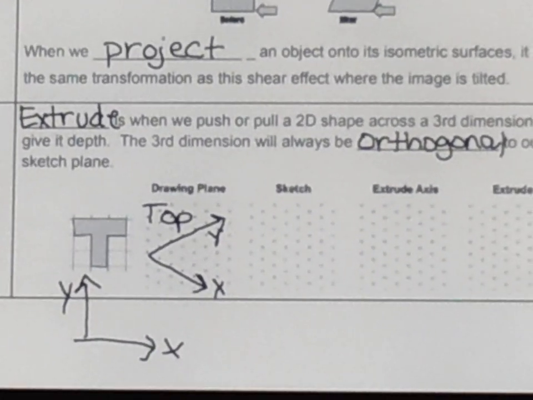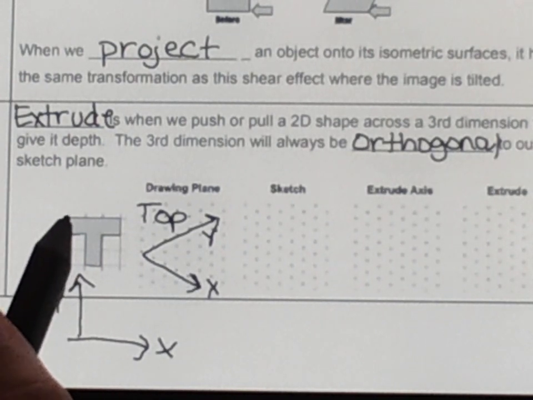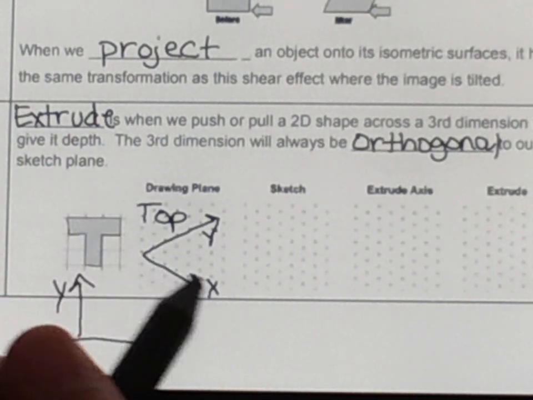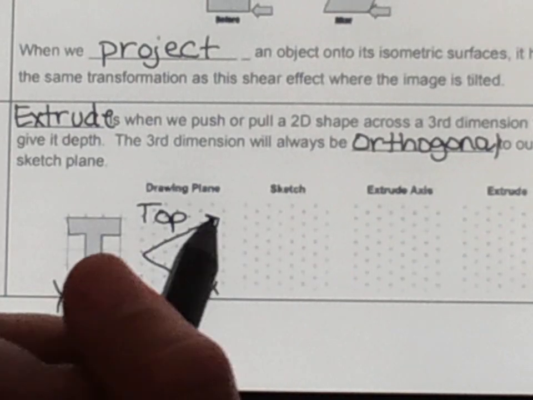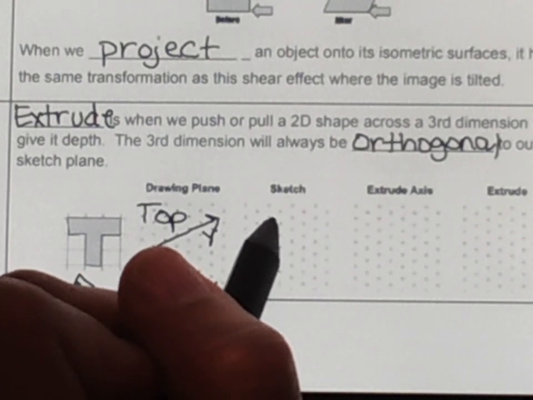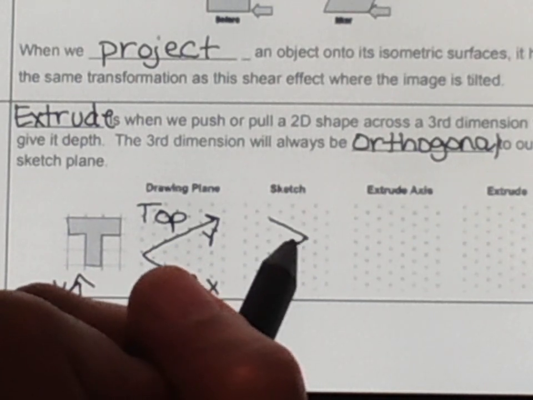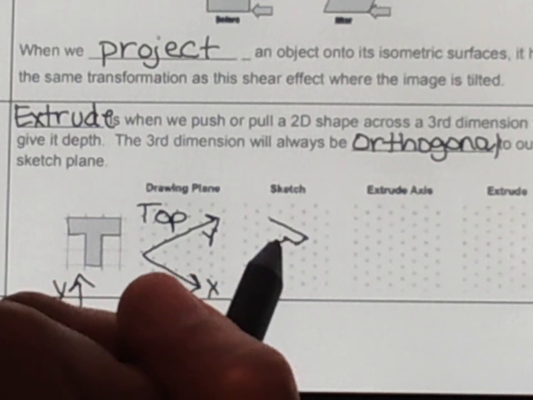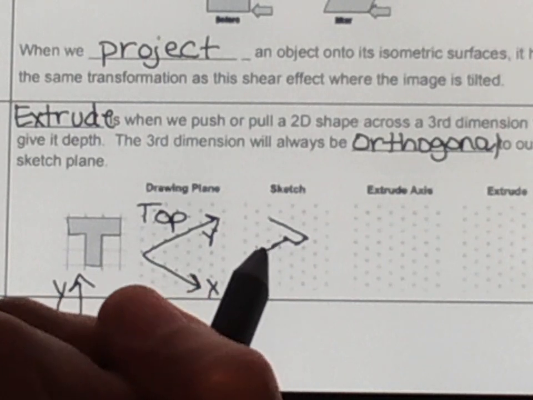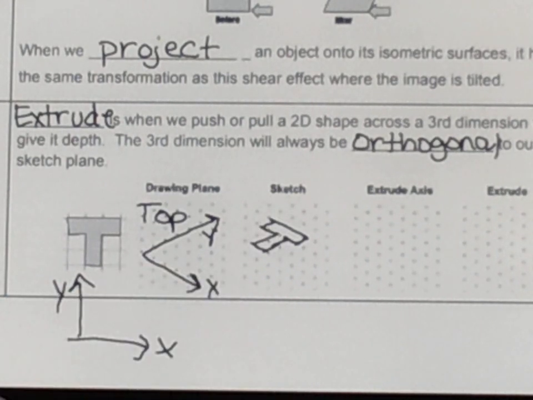And that's going to help me because when I project my T onto my top plane, my lines need to be parallel to these axes. So there's the top of my T, there's the side of my T.